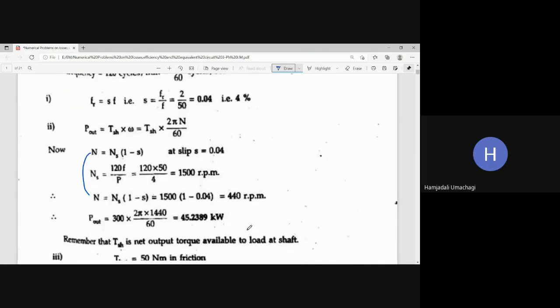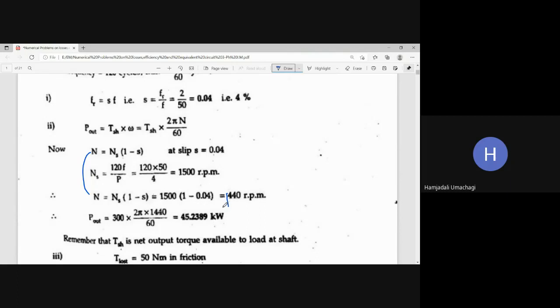Okay, so now let us calculate the output power. Output power is nothing but T_SH into omega, where T_SH is shaft torque, that is 300 into 2 pi N by 60. The N value is 1140, make the correction. So 1140 divided by 60.